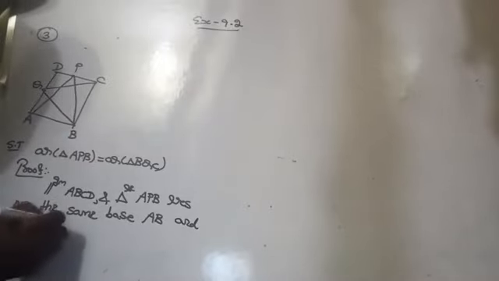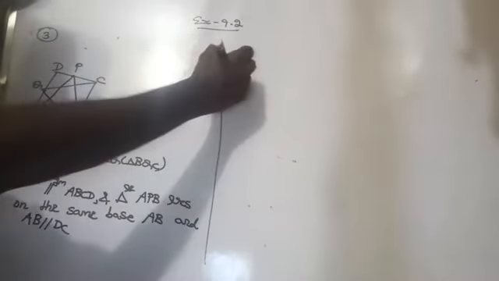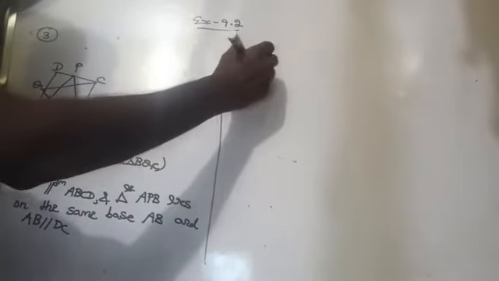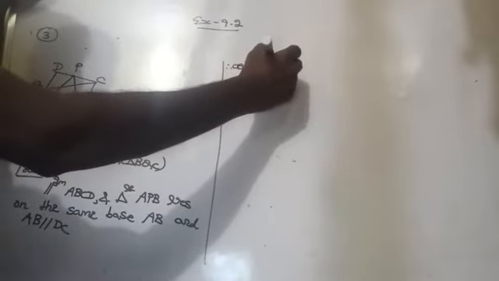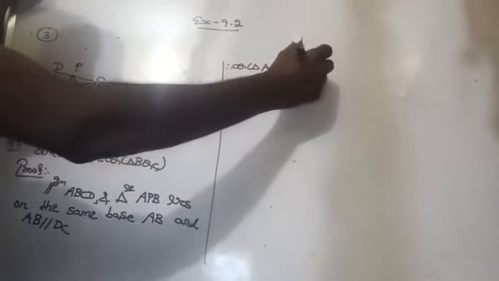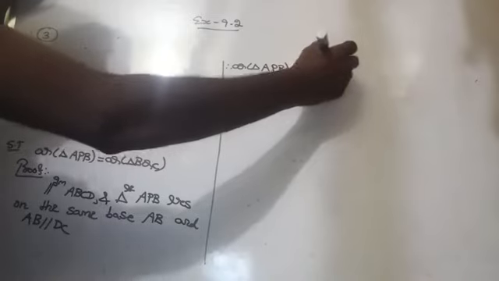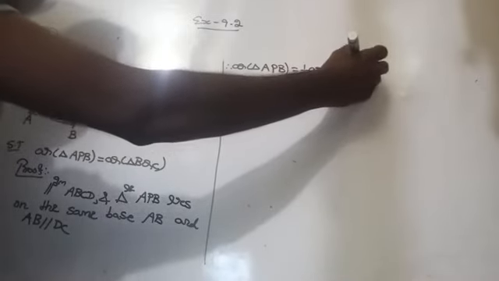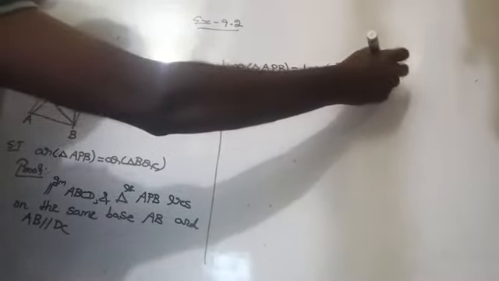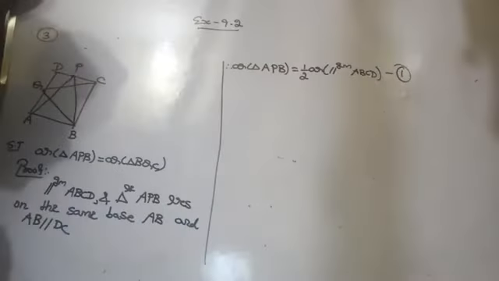AB is parallel to DC. So therefore we can conclude that area of triangle is equal to half of area of the parallelogram. That is, area of triangle APB equal to half of the area of parallelogram ABCD. Let it be equation number 1.